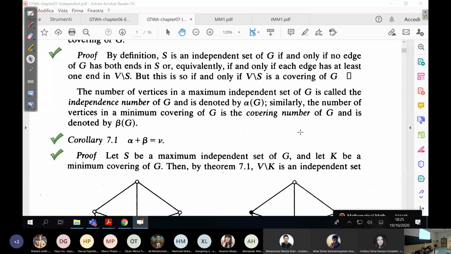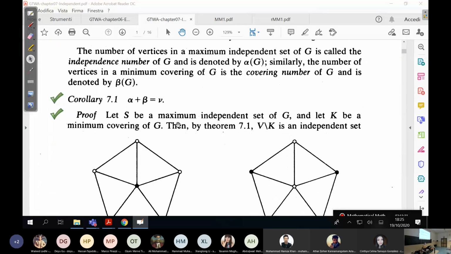All right. And what we have, as a corollary of what we had before, is that if you take the sum of these numbers, the maximum number of vertices in an independent set, alpha, and the minimum number of vertices in a covering, beta, alpha plus beta is Ni.